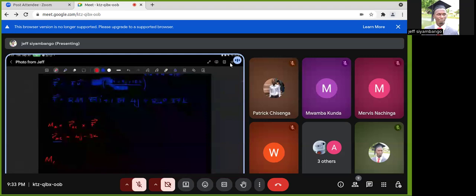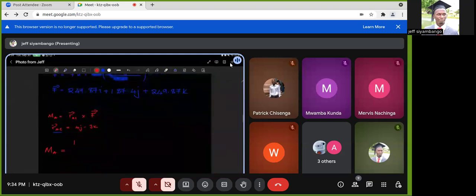The moment of the force about A will be obtained using the determinant method. What comes first is the displacement: 0 under i, 4 under j, minus 3 under k.